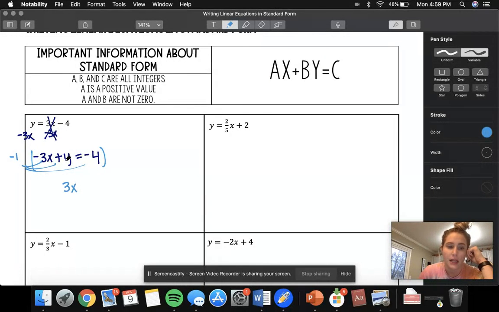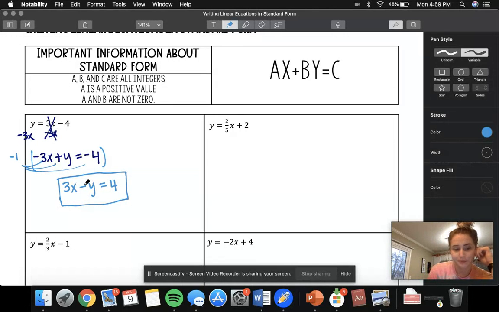Negative 1 times positive y would become negative y. Equal sign, negative 1 times negative 4 would become a positive 4. All I did was manipulate this equation. It's still equivalent because we did it on both sides, and now it is in standard form.